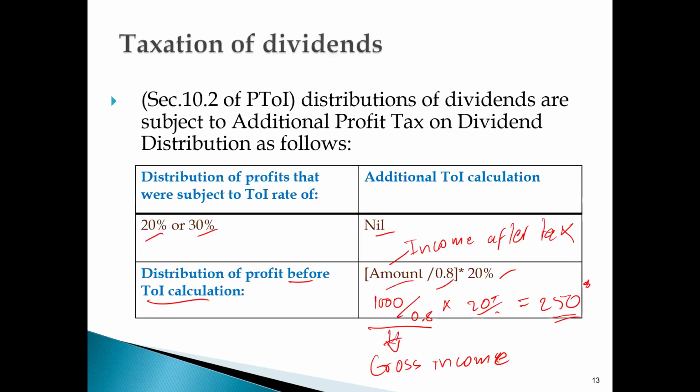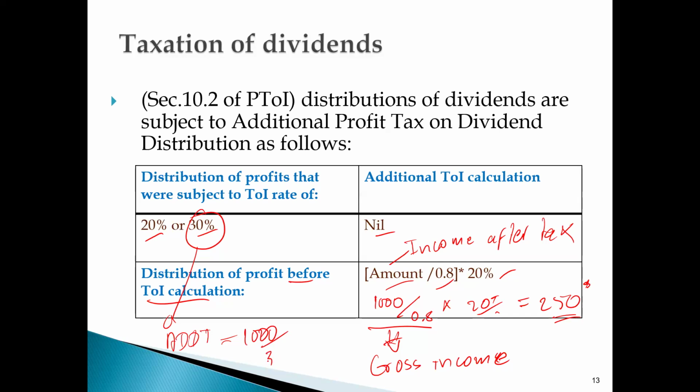But if your company is subject to 30% to calculate ADDT, and you distribute 1,000 to your shareholder, you take 1,000 divided by 0.7, right?